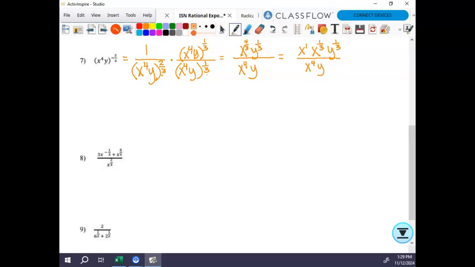Can I reduce that a little bit? Yes, because I can cancel this x out with one of these, so that becomes to the 3rd power. So my answer then will be x to the 1/3 power, y to the 1/3 power over x cubed y.